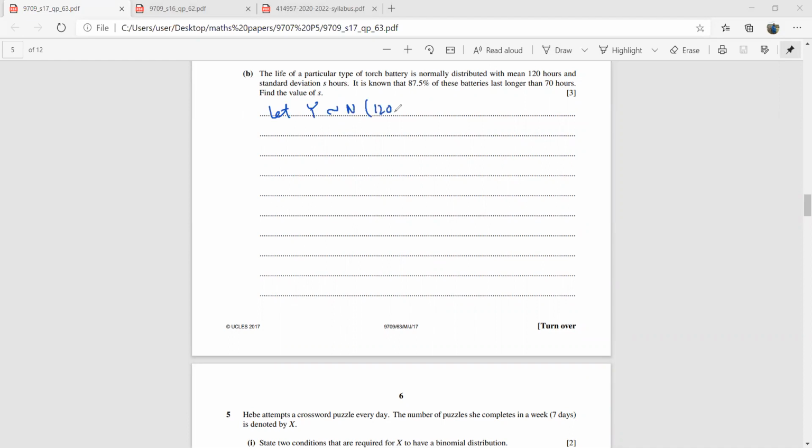This is the mean here, this is the standard deviation, and we write the variance here. It is known that 87.5% of these batteries last longer than 70 hours. So the probability that y is more than 70 is 0.875. That is how I'm going to use this 87.5%. We have to find the value of s.